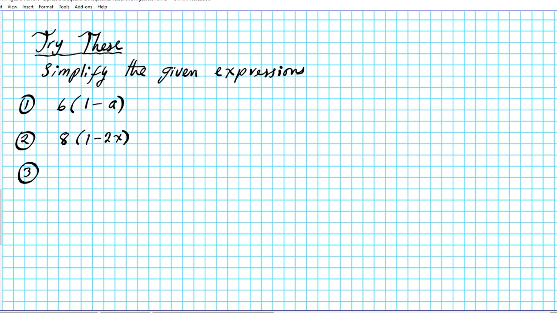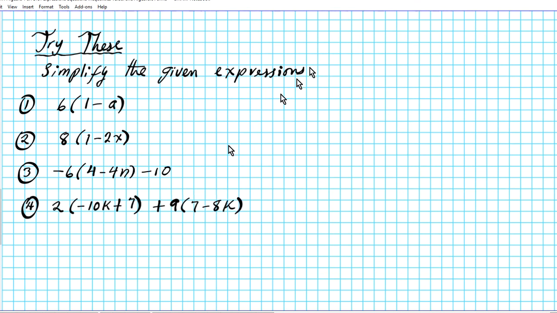Number 3, what if we have negative 6 times 4 minus 4n minus 10. Number 4, what if we have 2 times the quantity negative 10k plus 7 plus 9 times 7 minus 8k.